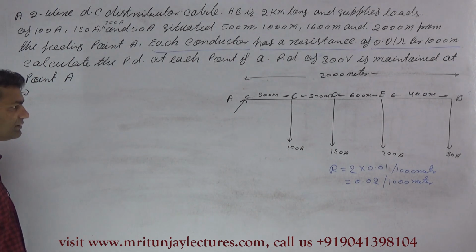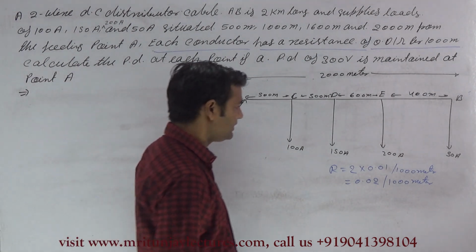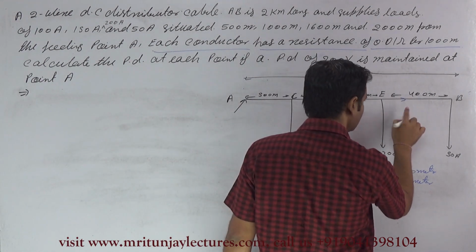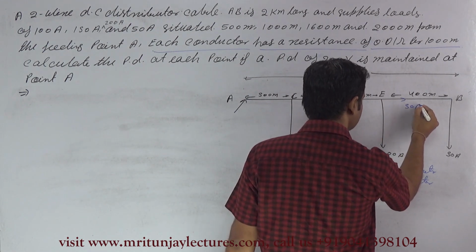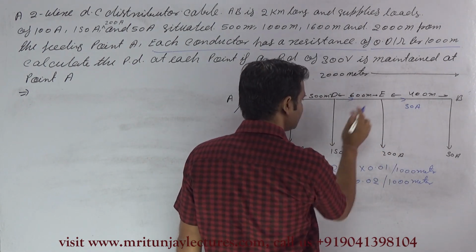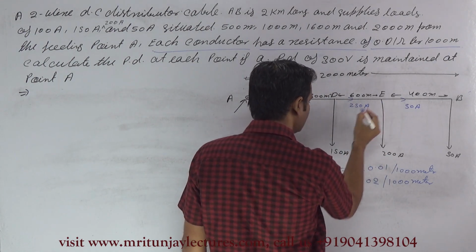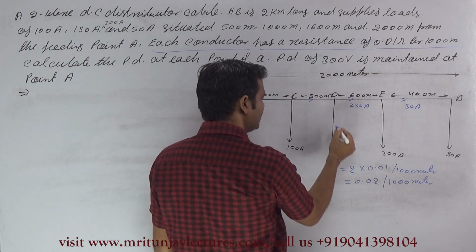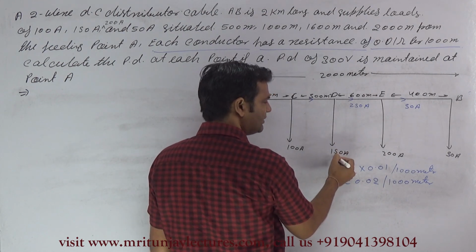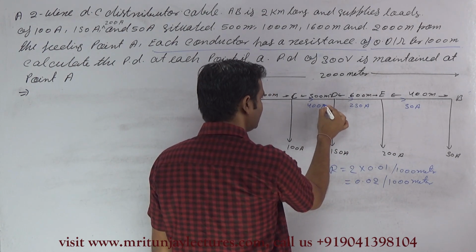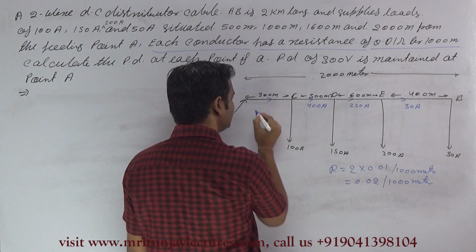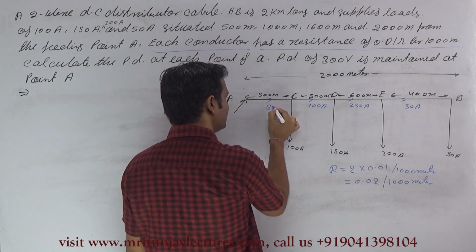Now first of all, determine the current in each section. The current in this section is 50 ampere. The current in this section is 200 plus 50, that is 250 ampere, then 250 plus 150, that is 400 ampere, and this one is 400 plus 100, that is 500 ampere.